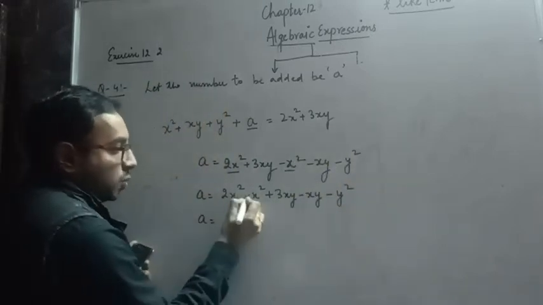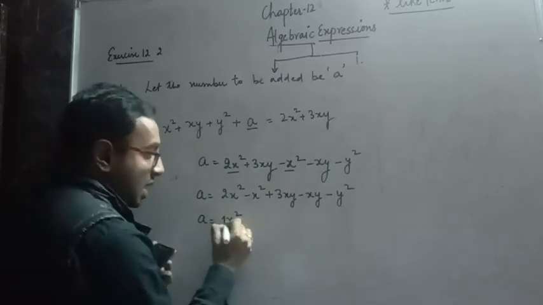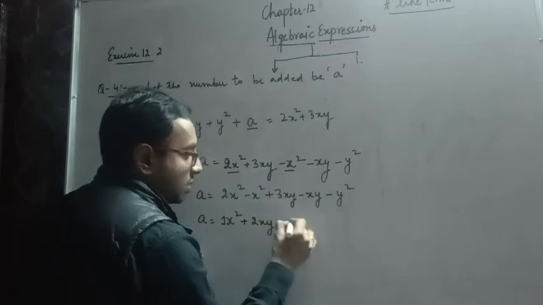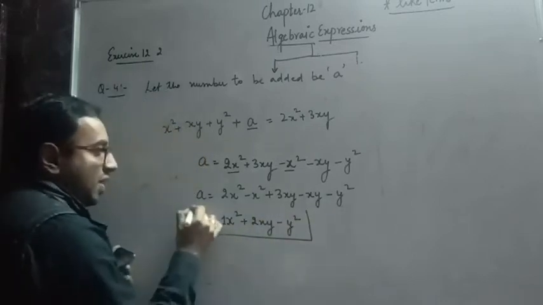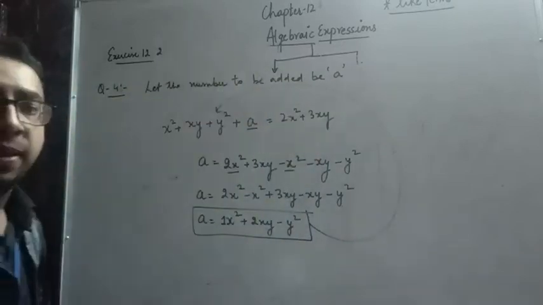a equals, plus 2 minus 1, that is 1x square. Plus 3 minus 1, that is 2xy, and this y square as it is. It means if we add this value to this, we'll be getting this. Let's check.